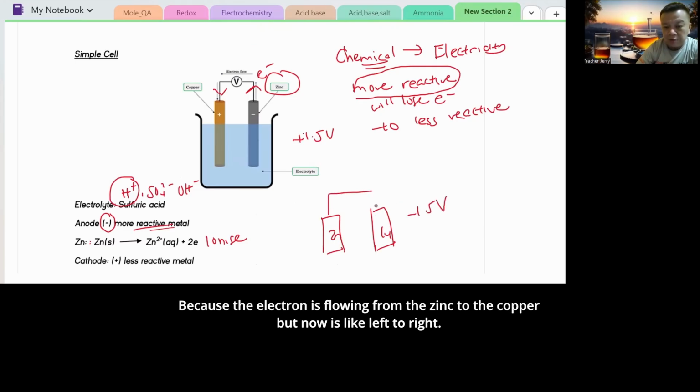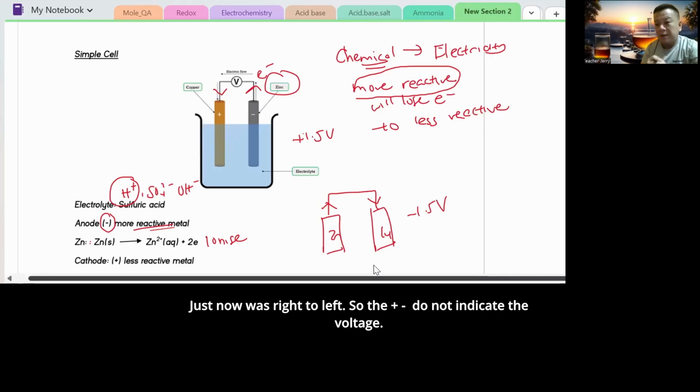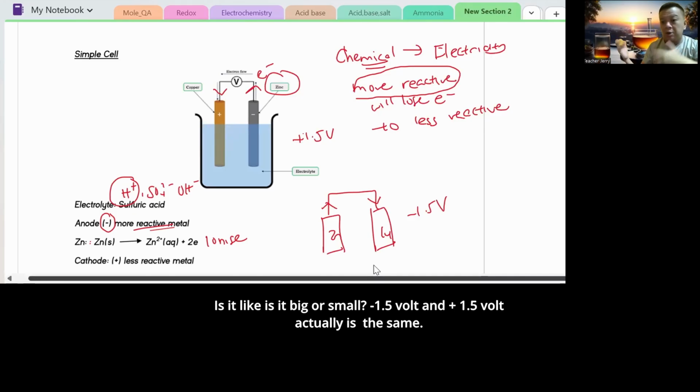Because now the electron is flowing from the zinc to the copper, left to right, whereas just now it was right to left. So the plus or minus does not indicate whether the voltage is big or small. Minus 1.5 volts and plus 1.5 volts are actually the same, just that the electron is traveling in different directions.